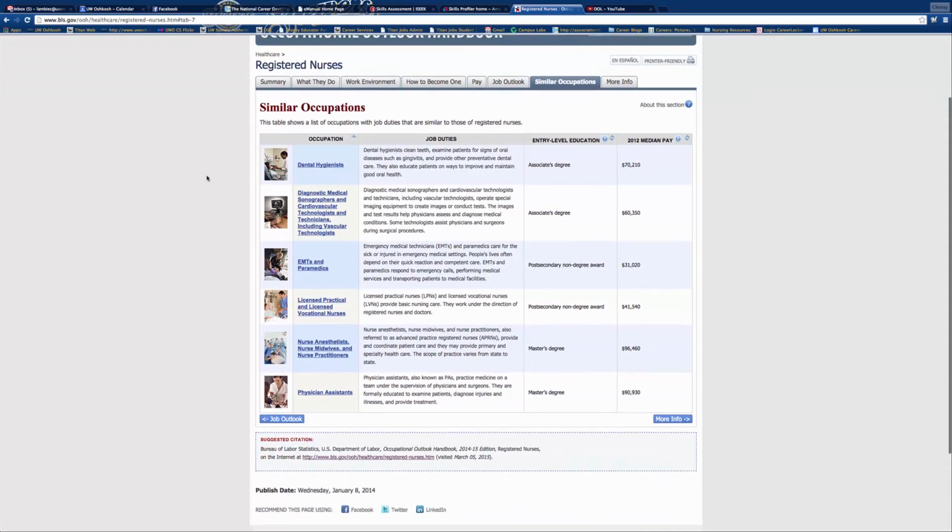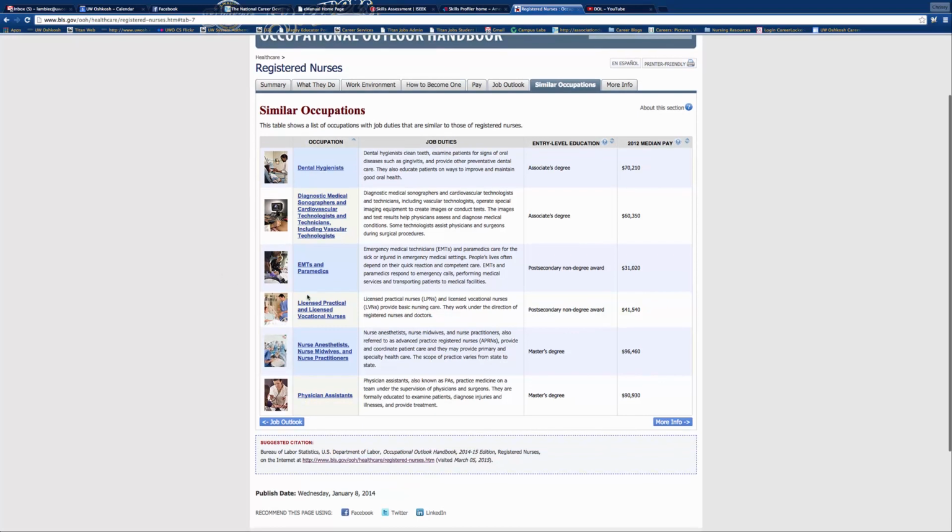Similar occupations are always nice for students to take a glance at, because sometimes one particular area might not be what they think it is, but they want to work in the same field. So giving them some other alternatives is really a good offer for discussion and thinking about what might be a good path to still be within healthcare, for example.